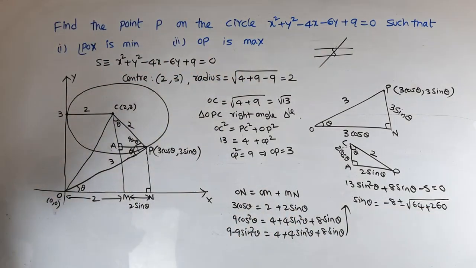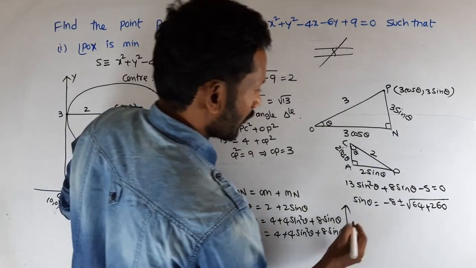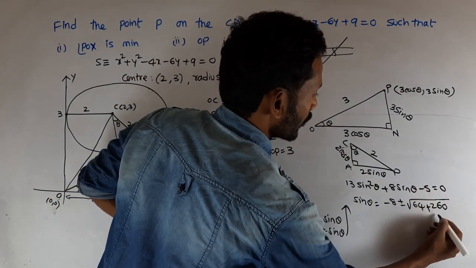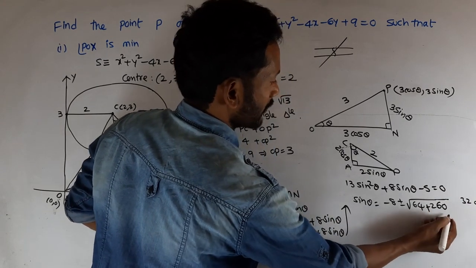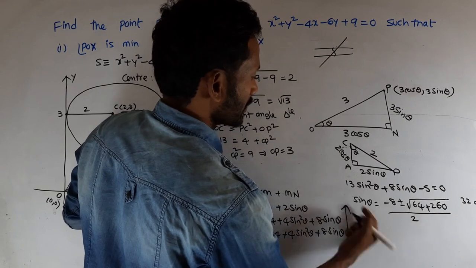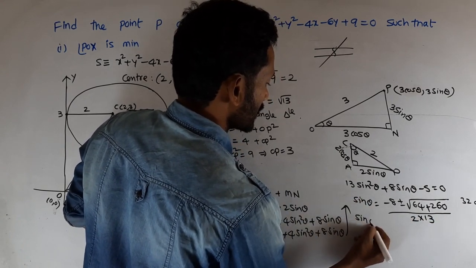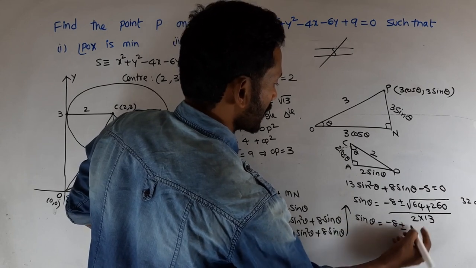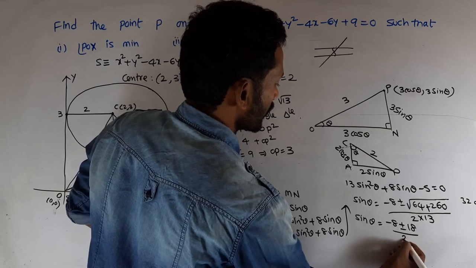So 64 plus 260 is 324. It is a perfect square. By 2a, 2 into 13 is 26. Now sin theta equals minus 8 plus or minus 18, by 26.